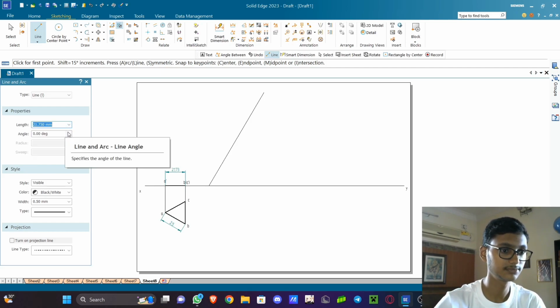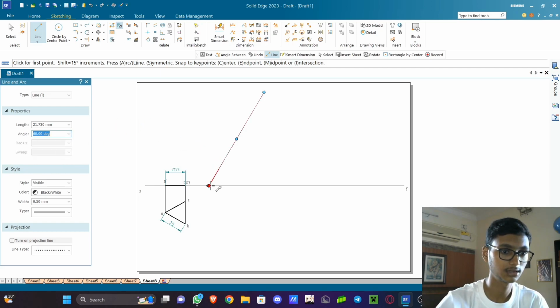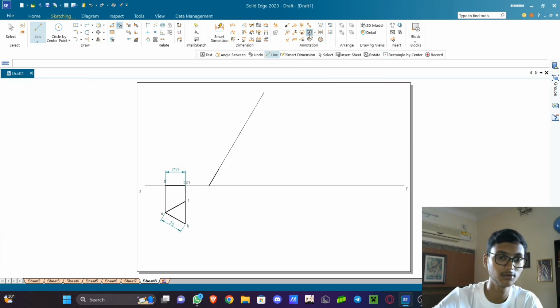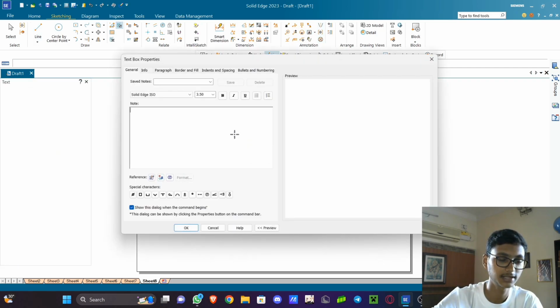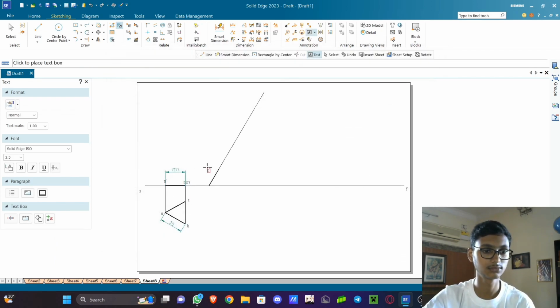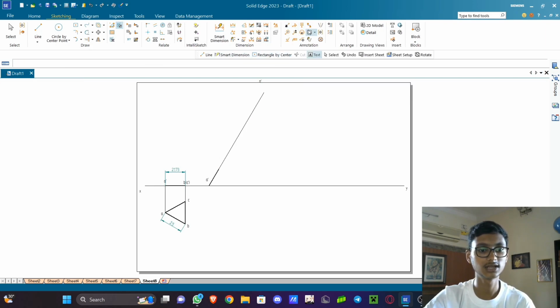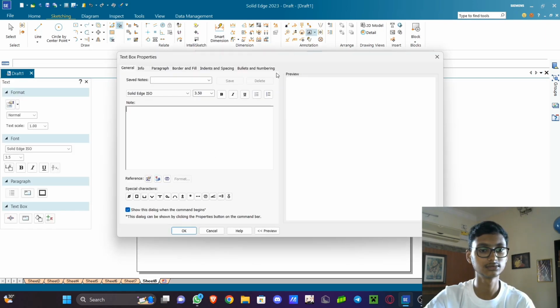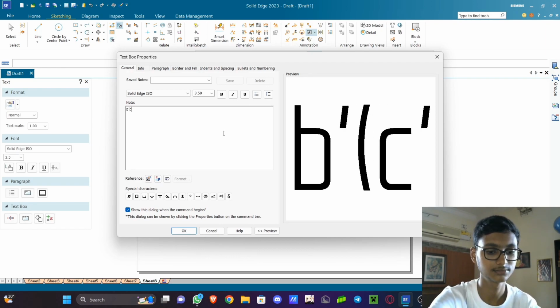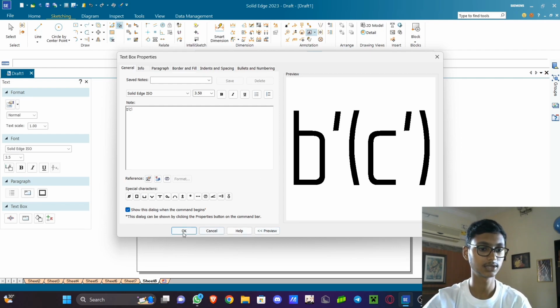Angle is 60 degree. So this is our true line. I have placed it, and now we need to name it as before: A dash and B dash bracket C dash.